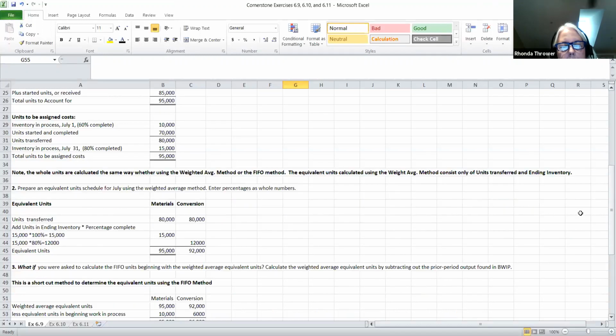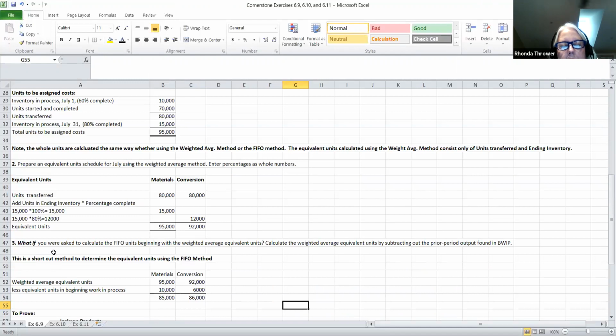Now, part 3 is just asking you to go work backwards and calculate what the FIFO units are, beginning with the weighted average equivalent units. So if we know what the weighted average equivalent units are, which we calculated above, I just brought those down. And if we know what our beginning inventory was, excuse me, 10,000 units was in beginning inventory.